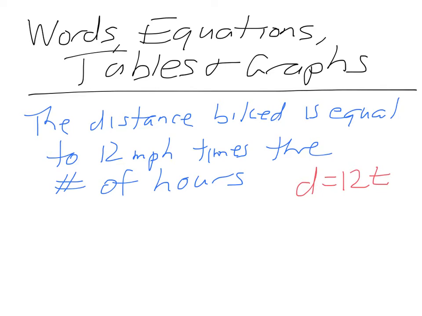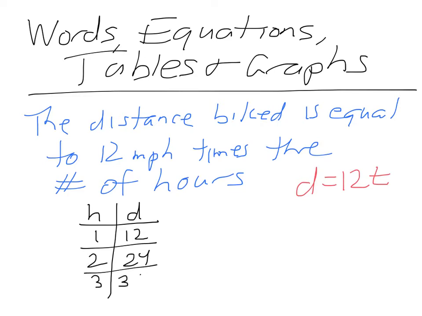As a table, I can make an hours versus distance table, and after 1 hour, I've gone 12 miles. After 2 hours, I've gone 24. After 3 hours, I've gone 36, and so on and so on.